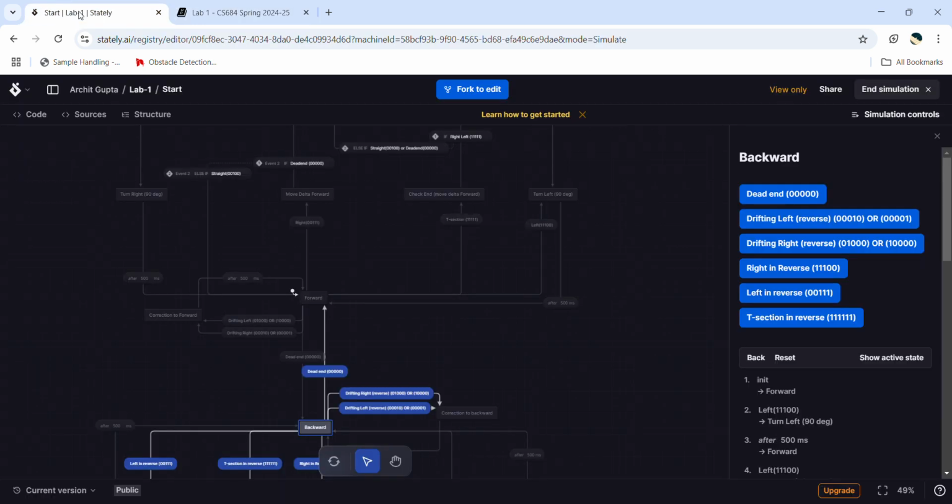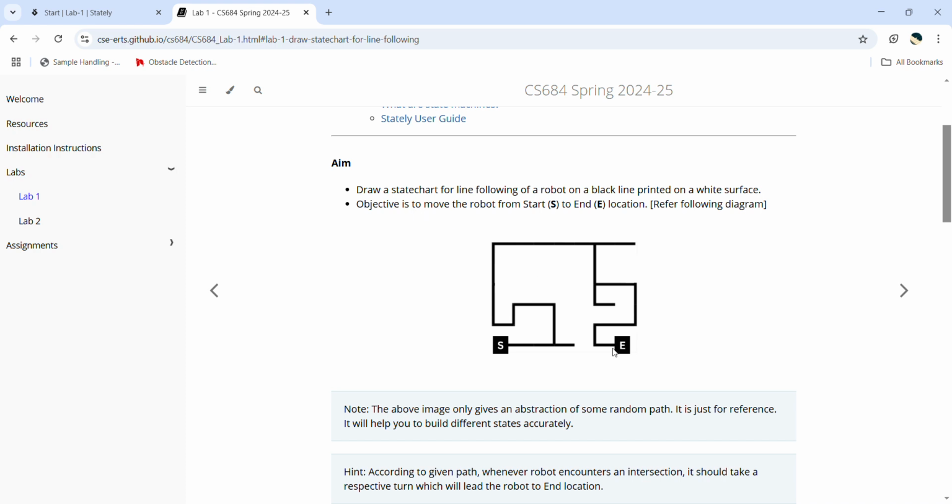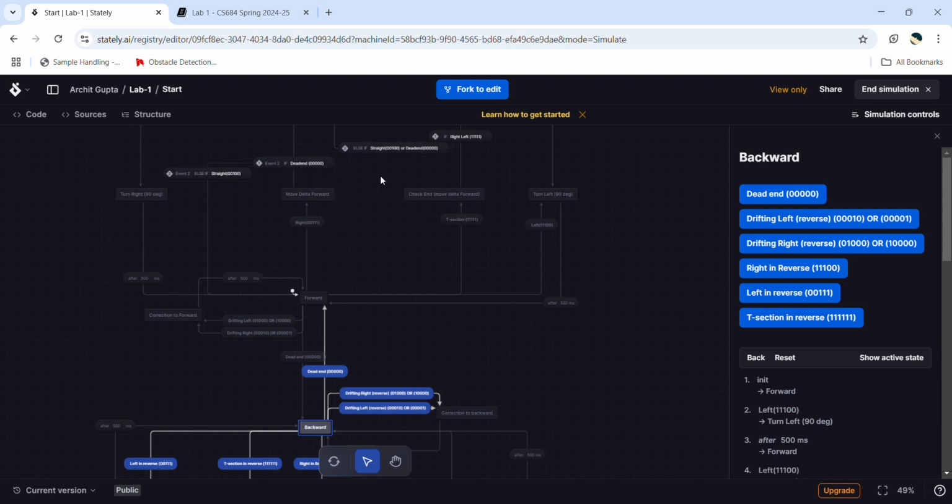Now supposedly if we reach a T section, this is not shown here, so I'll show you that as well. Right now once we reach the end, it will be seen as a T section first, because all of the sensors will be sensing black.